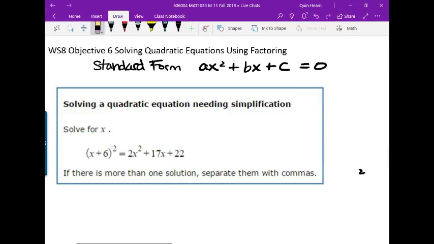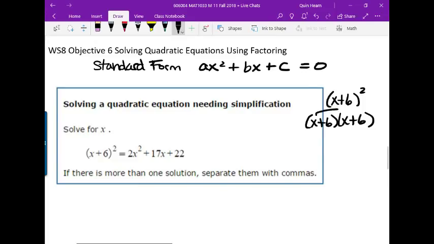Not the case when we have a binomial like x plus 6. So to square x plus 6, a lot of times people want to just say x squared plus 36, but that's incorrect. Because remember, x plus 6 squared is the same as x plus 6 times x plus 6. And in order to multiply that out, you have to FOIL.